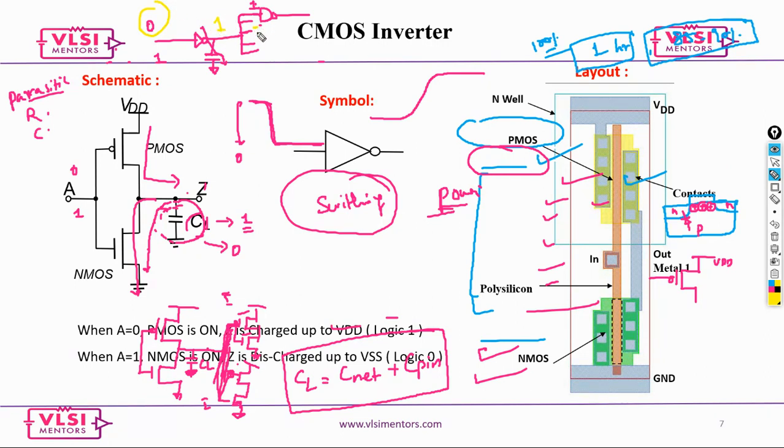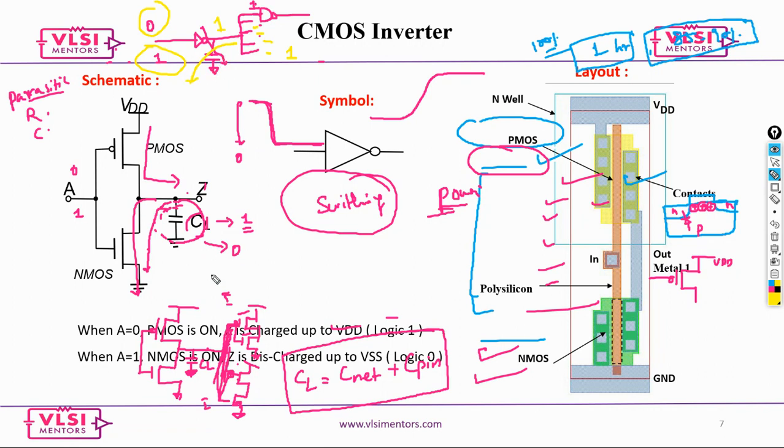Now all these fan outs should have 1. Imagine after some time the input is changing and this is becoming 1. Now it would be discharged, so all the things would be discharged to 0.